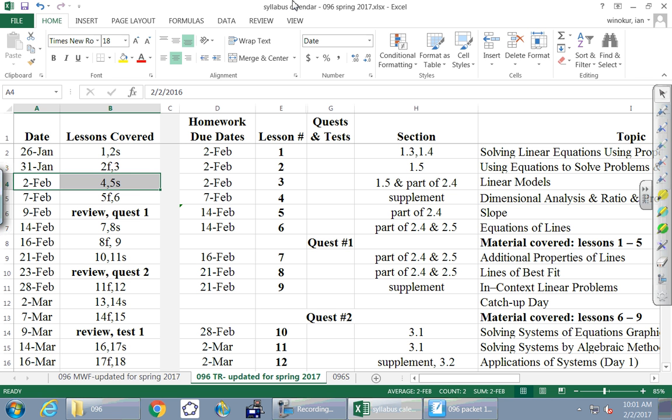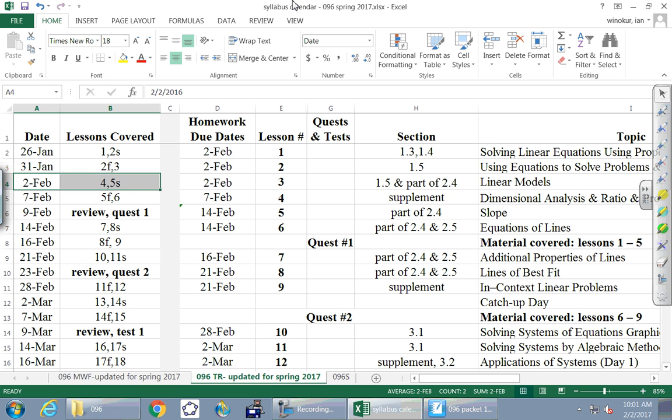After Tuesday, we're going to follow the policy in the syllabus, which says that I will give you full credit for homework that is up to 1 class late. But if you don't have it done by the class after it was due, I won't give you credit for it. That's my way of trying to encourage you to do the homework on a daily basis as opposed to letting it pile up and then doing it all in one shot later on. Okay, so that's how we read the calendar.